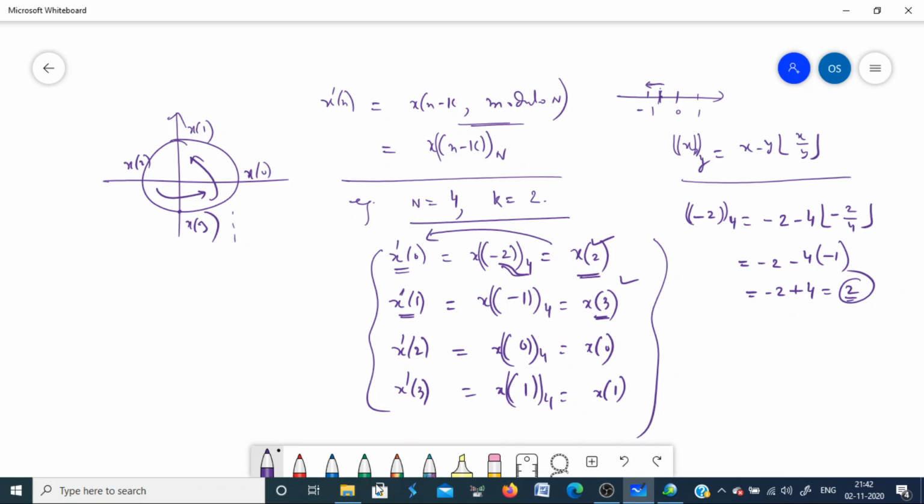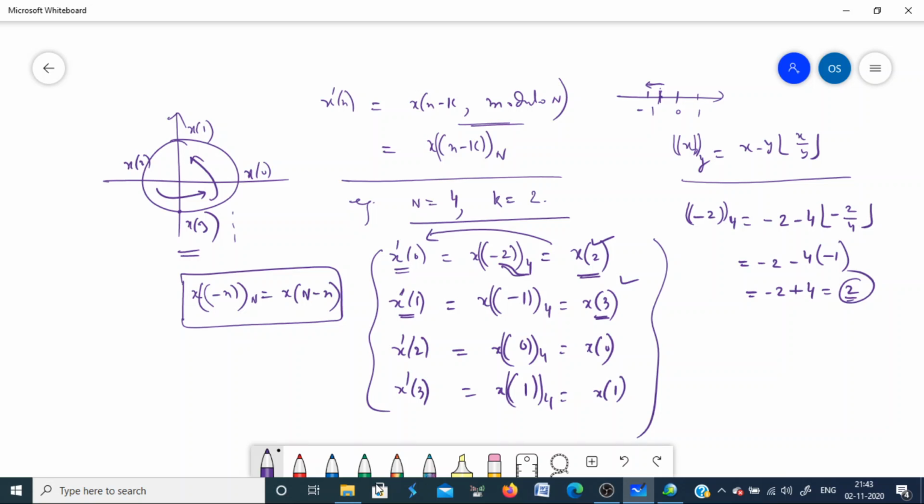Now we will use this concept in basically circular convolution, that is why I am discussing it. Similarly, like when we have shift or fold operation in the linear domain, you have a shift in the circular domain which is denoted by x of minus n modulo n, which is nothing but x of n minus n basically. This is circular folding. Okay, you have original sequence x of n.